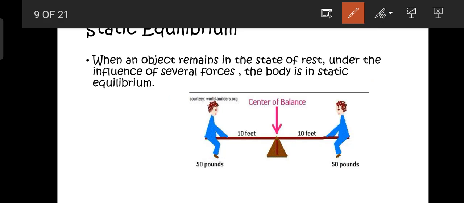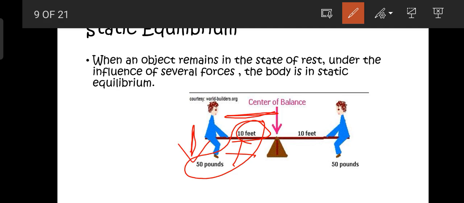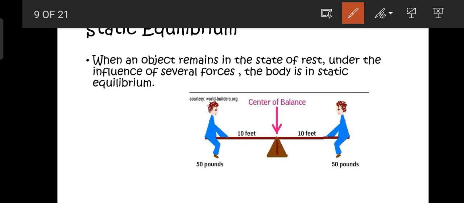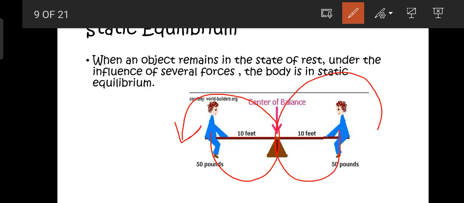And now the second: the moment, the product of 10 feet distance and the force, will be 500, and this side also 500. So this is anti-clockwise and this is clockwise.